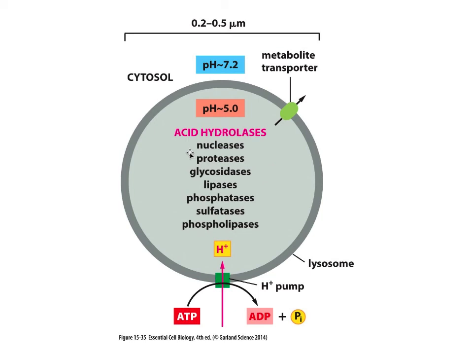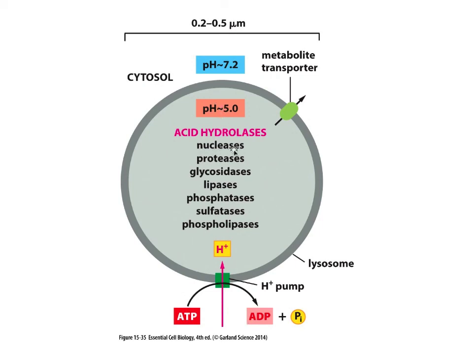The important thing to realize is that lysosomes generally have a pH that's pretty acidic, and they maintain that by doing something that we're familiar with from previous chapters, in that they pump protons using a proton pump into the lumen of the lysosome. So there's a proton pump here, and that is a primary proton pump because it uses ATP energy in the cytosol directly to power the movement of protons.